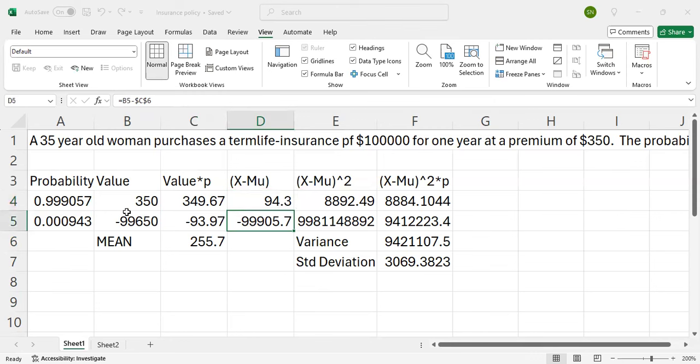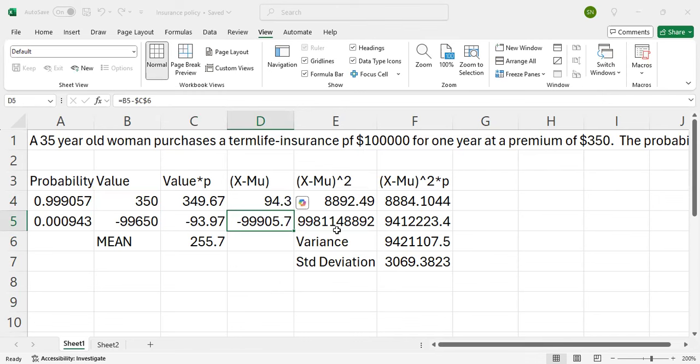And then the X value in the second row minus the mean of 255.7 gives you this particular value. So basically, we are trying to find out the difference between each value of x and the mean, how far each of these values, 350 and minus 99,650, is located away from the mean. That is what the fourth column, the D column, is giving us: the difference between x and the mean.